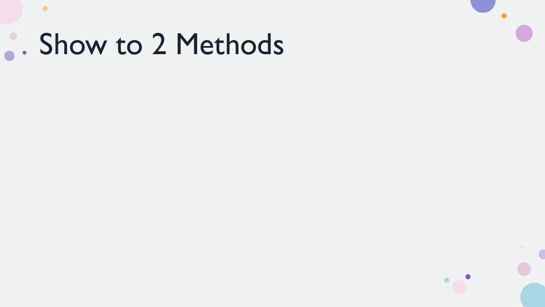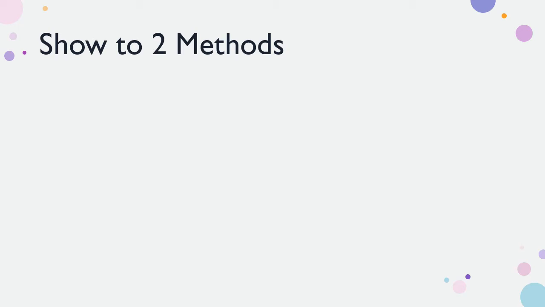Welcome back everybody. First, I'm going to show you how to do the two methods. The first method is the build up. When we're doing the first method, it's like we've got building blocks that we've memorized in our head.